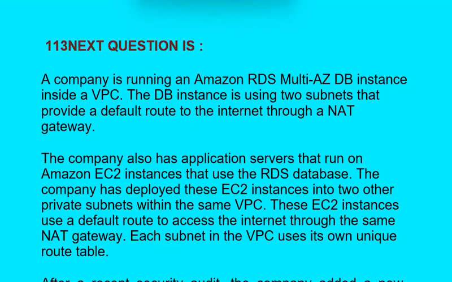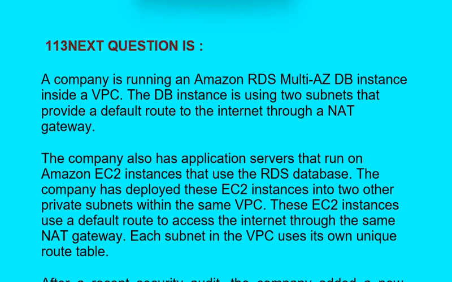Question is a company is running an Amazon RDS Multi-AZ DB instance inside a VPC. The DB instance is using two subnets that provide a default route to the internet through a NAT gateway. The company also has application servers that run on Amazon EC2 instances that use the RDS databases.